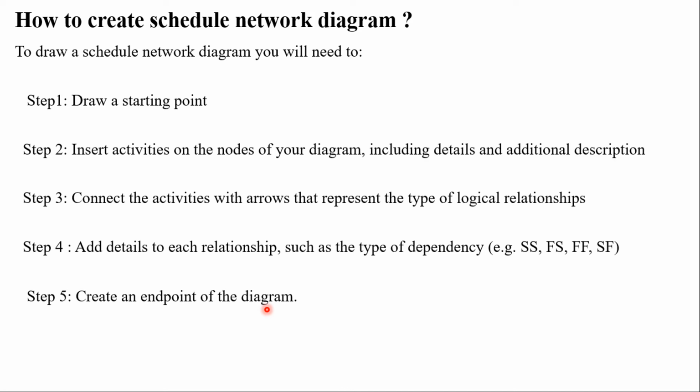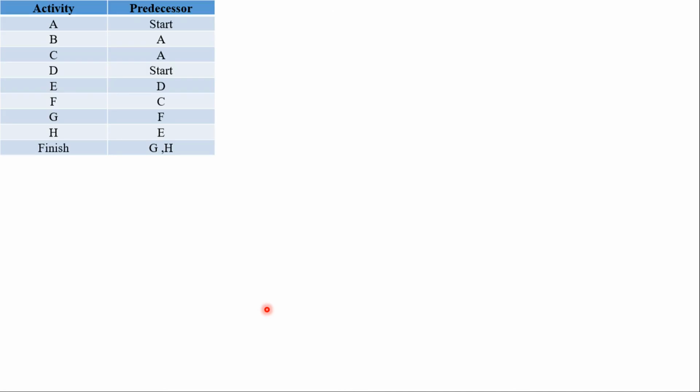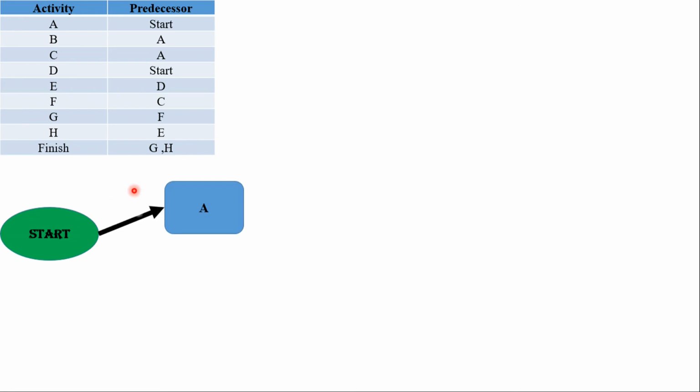So let's see a practical example on how to create a project network diagram. You have a list of activities in the left column. In the right column you have a predecessor or preceding activity. As I've said before, every network diagram has a starting point. You have to label the start, and let's say you have activity A. Activity A is the start point.